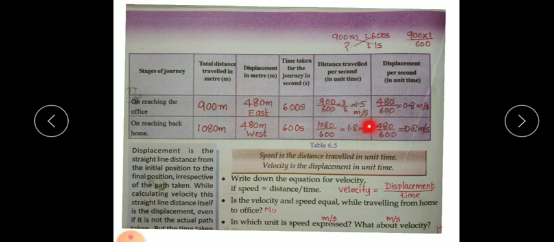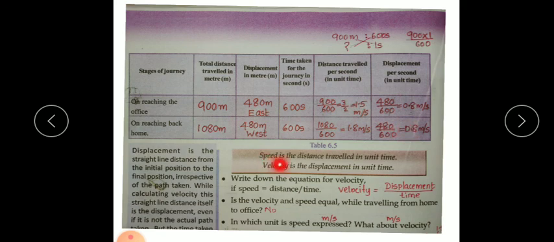So here you can see the distance traveled per second here is 1.5 and here it is 1.8. Distance traveled per second is known as speed, is it? So the speed of the person on reaching the office is 1.5 meter per second, and the speed while reaching back to his home is 1.8 meter per second, and the velocity of the person in both cases is 0.8 meter per second.